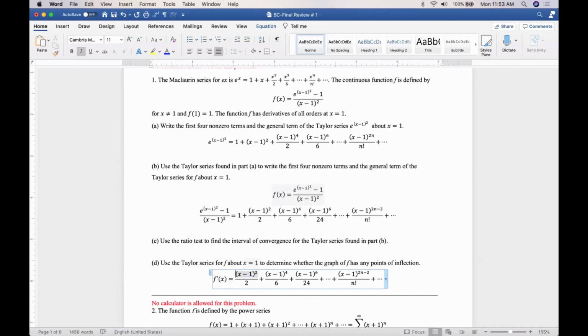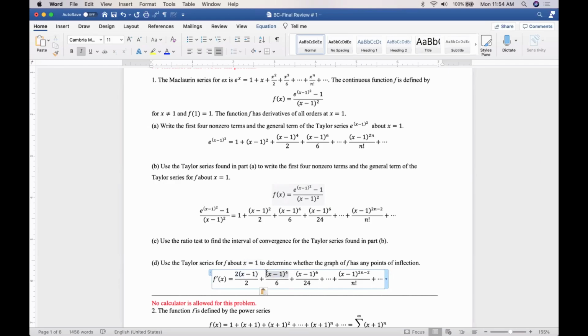When I take the derivative of this, I'm considering each parenthesis as if it's a variable. I am not going to FOIL anything or do anything weird. I'm taking each parenthesis as if it's one variable. So I have a variable squared. That would be 2 times x minus the variable, correct? That's my derivative.